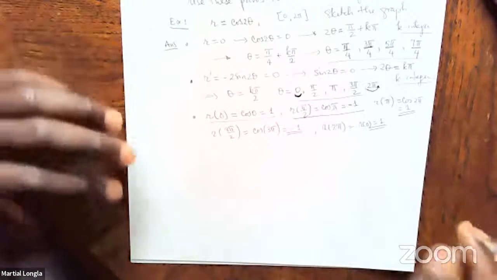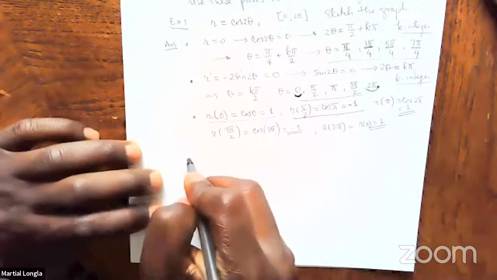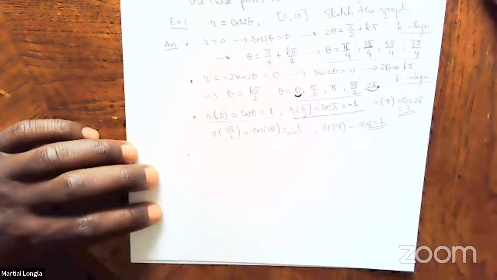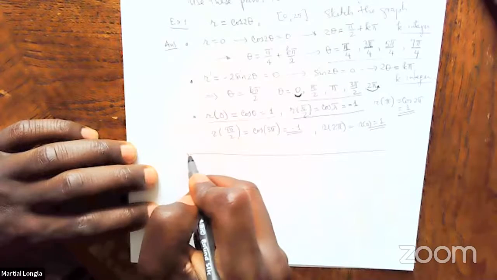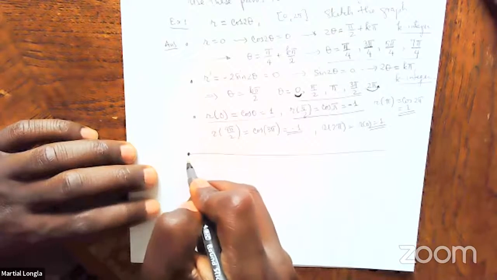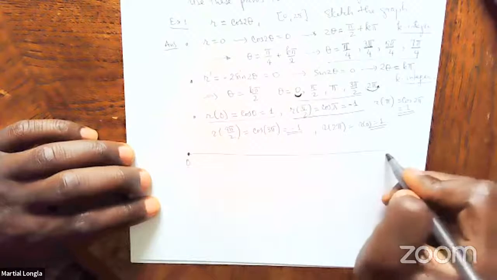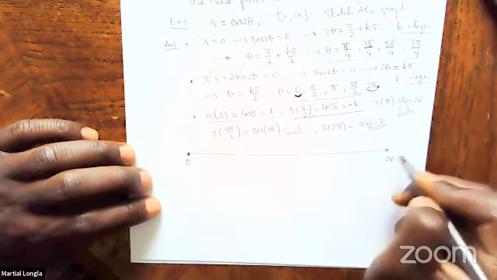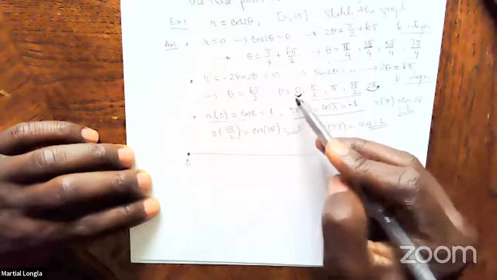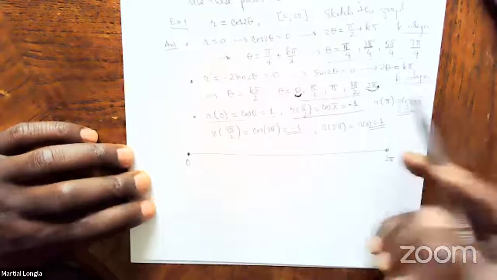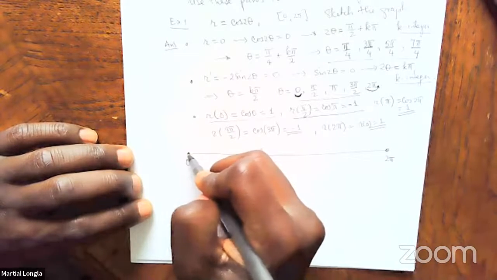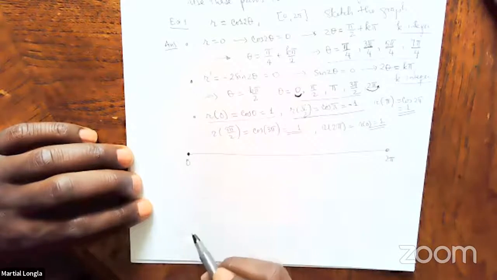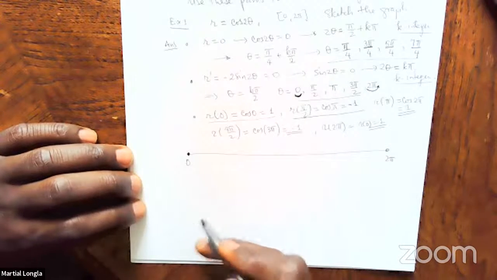And technically, to sketch, I often ask to take those numbers on that angle, on that circle from 0 to 2 pi, and put on this line all those angles that you found. The smallest is 0, so that's 0. Here at 0, you have the radius at the maximum.